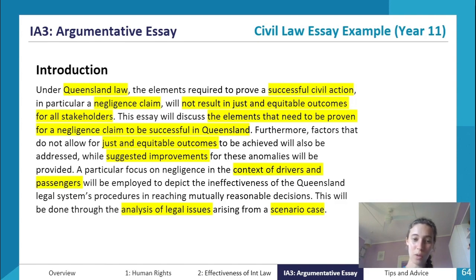Mine was about negligence, and it was about a driving scenario. So I'm giving information again about, under Queensland law, this particular idea of negligence, and I'm saying that just and equitable outcomes won't be achieved. So I'm clearly stating in that first sentence, what am I talking about and what is my position on it?